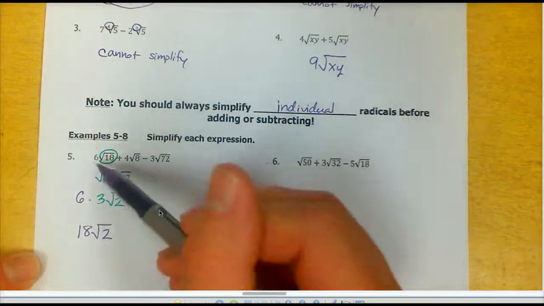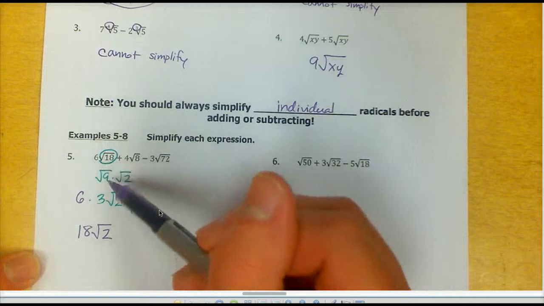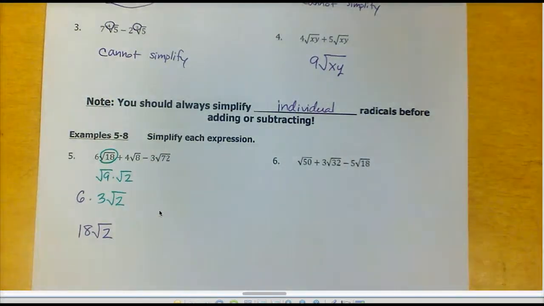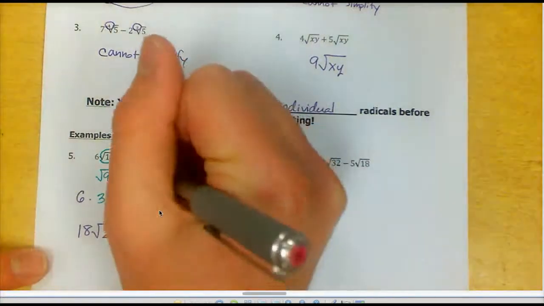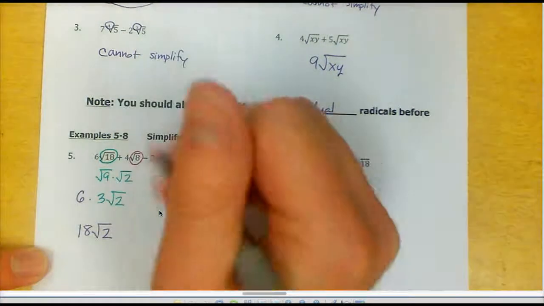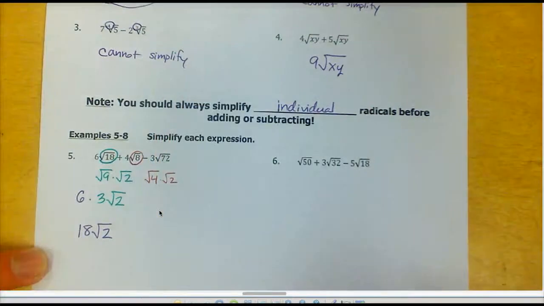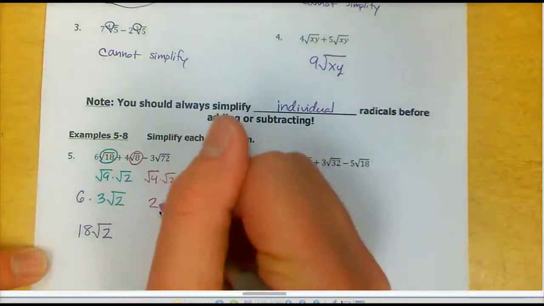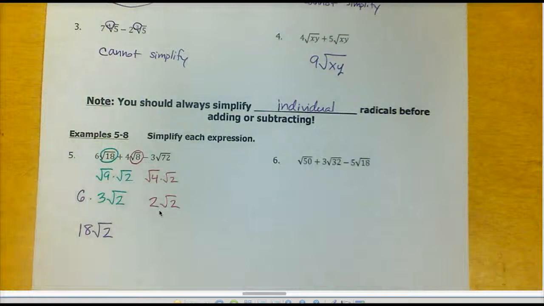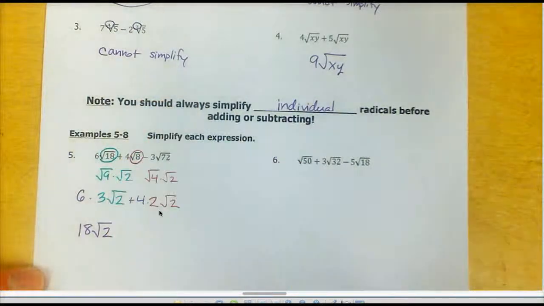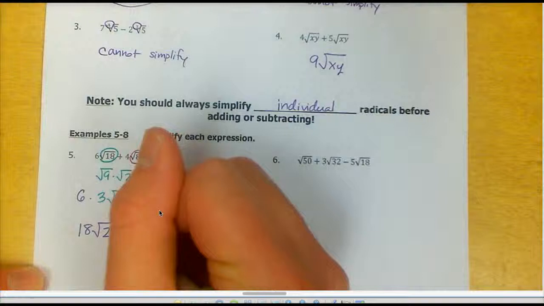So what I did here was simplify 6 radical 18 into 18 radical 2. I'm now going to do the same thing for 4 radical 8. Okay, radical 8 can be simplified by splitting 8 up into radical 4 times radical 2, which becomes 2 radical 2. And so 4 times 2 radical 2 is going to be 8 radical 2.